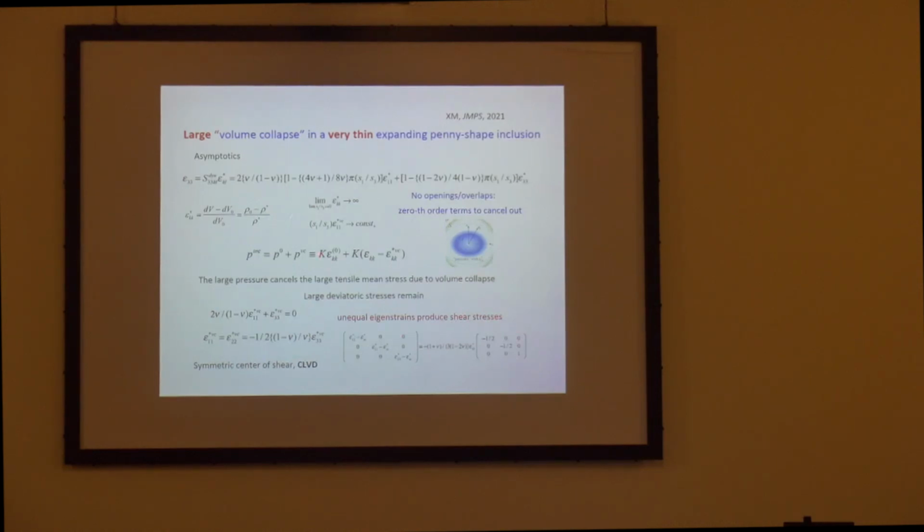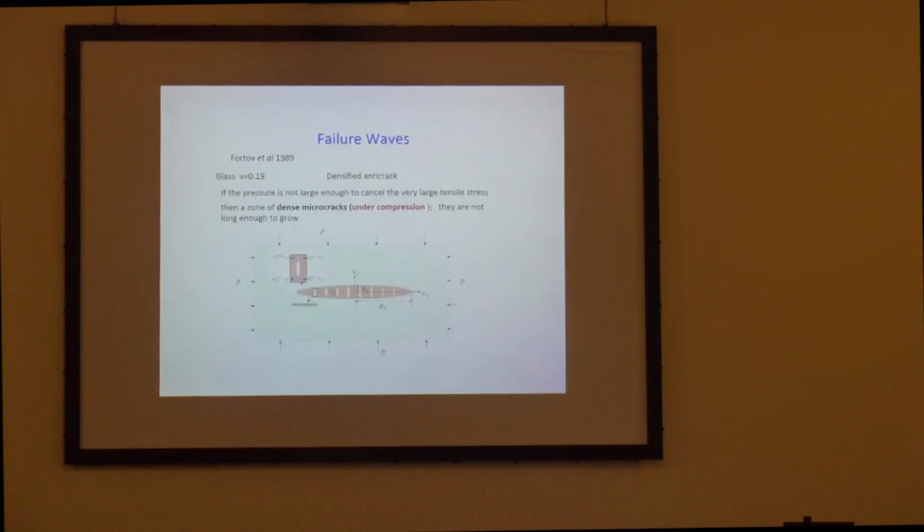So the mean stress is large tension, but because the pressure pre-stress is also very large, we don't have dilatational energy that explains the phenomenon, but we will have large distortional energy in the pancake. Here, still, it is a symmetric center of shear.